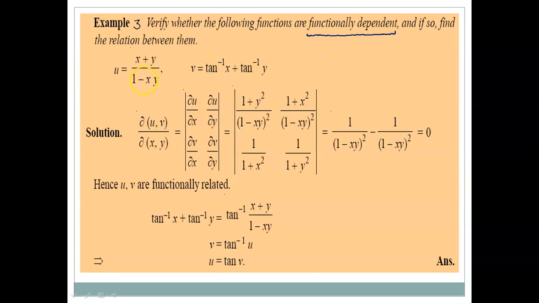So the values of u and v are given over here. U is equal to x plus y divided by x minus y, and v equal to tan inverse x plus tan inverse y. So in fact here we have only two functions or variables u and v, which are transformed using the values x and y.